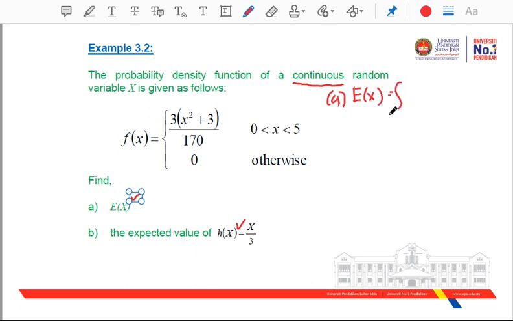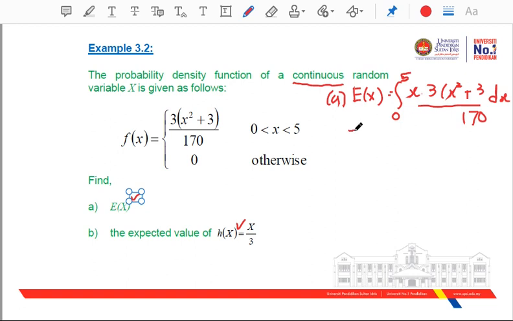But remember this is continuous, so obviously you need to integrate. What is the value of x? From 0 to 5, so put here 0 to 5. Remember the keyword: anything in the bracket, which is x here, multiply with the function given, which is (3x squared + 3) divided by 170, and you need to put dx.